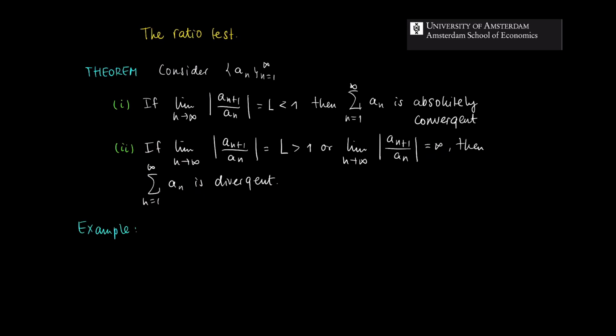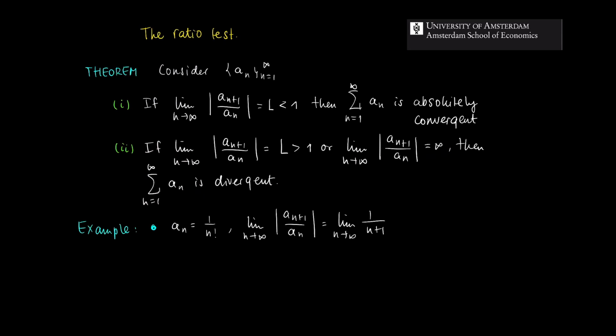The direct implications for two sequences. So suppose we take the sequence a_n is 1 over n factorial. Now, n factorial is 1 times 2 times 3, etcetera, till (n minus 1) times n. So if we divide the (n plus 1)th term by the nth term, then what is remaining is that we take a limit for n to infinity of 1 over n plus 1.